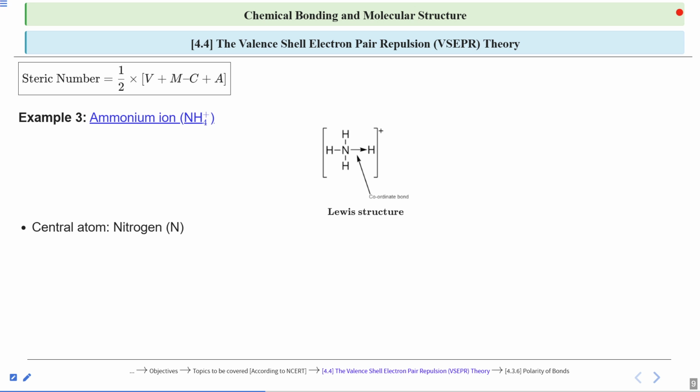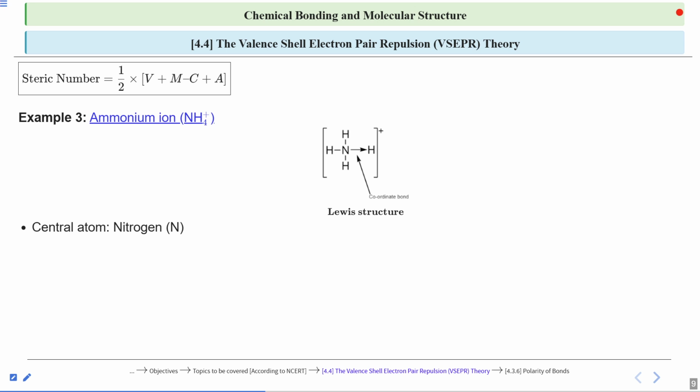I guess this is clear to you, right? So it is very important to understand that CO2 has a steric number of 2, although it has 2 bonds extra. And those 2 are double bonds. So we cannot consider them as separate entities for calculating the steric number, because our VSEPR theory clearly says that if you have a double bond, take it as a single bond. I hope this is clear to you.